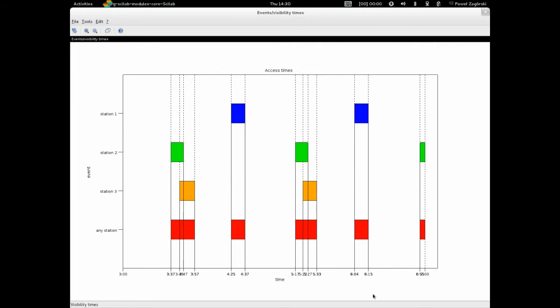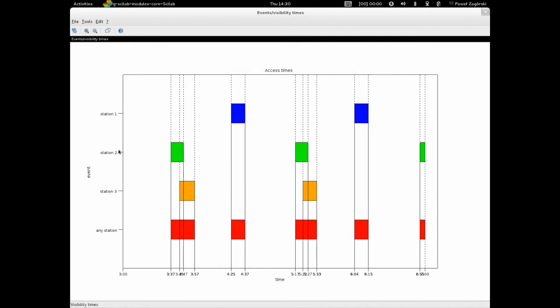and the satellite was actually visible for our ground stations for some periods of time. We can see that ground stations 2 and 3 are located quite close to each other.